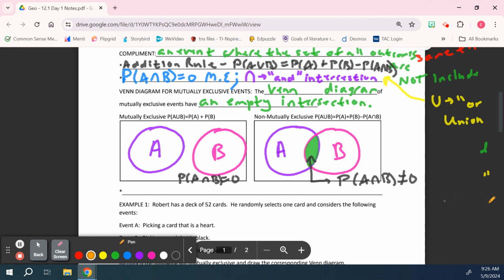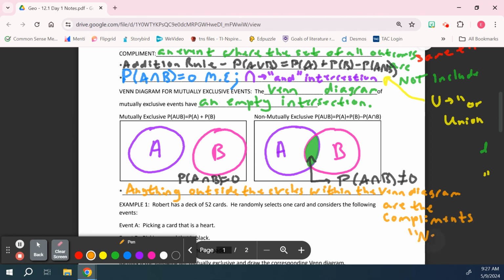I'm going to try to use a nice light color so it shows up on the black, but anything outside the circles within the Venn diagram are the complements. And those mean the word not.